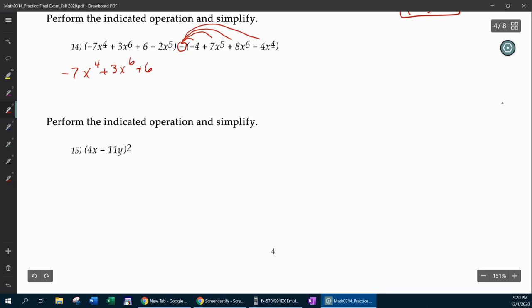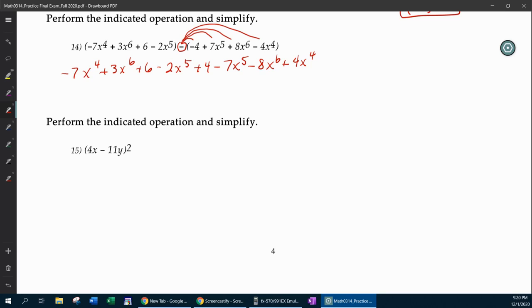It doesn't change. But then we're going to have plus 4 minus 7x to the 5th minus 8x to the 6th plus 4x to the 4th. When you distribute that negative, it is going to change all the signs.